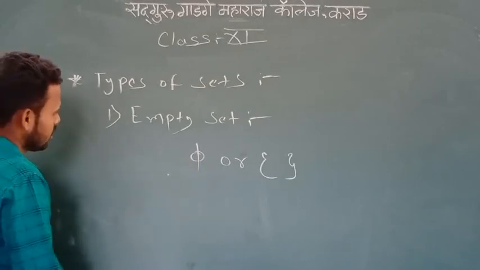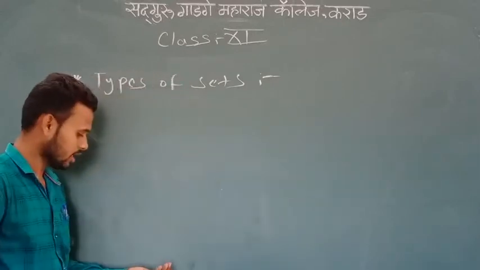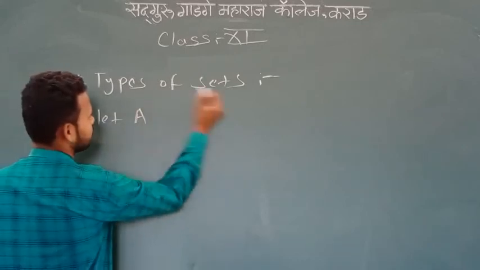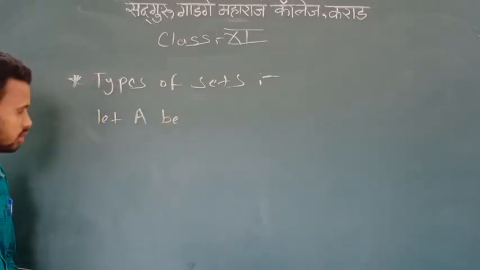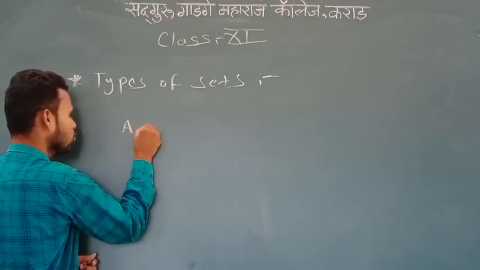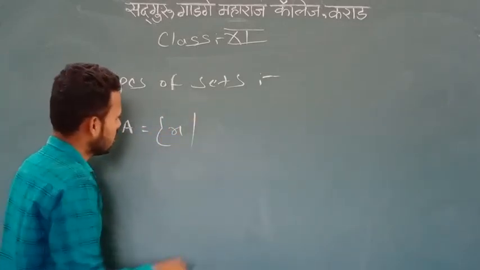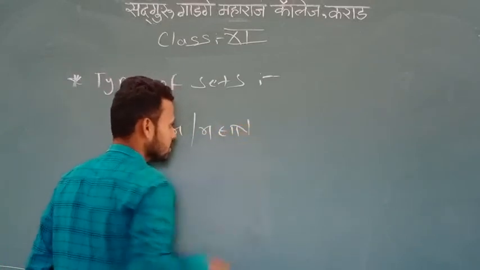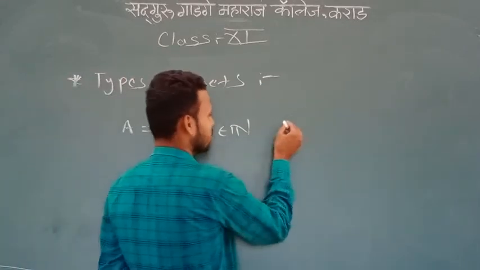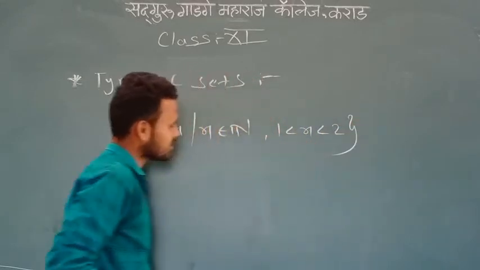For example, let A be the set containing x such that x belongs to the natural numbers, with 1 < x < 2.